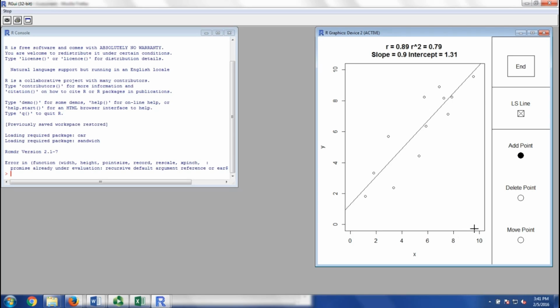If I make it smaller, that decreases the r, and eventually if I make it small enough, I can make it negative. It's tricky, but possible, considering what I started with. Here I've got a negative 0.5 correlation, and the slope becomes negative as well at that point.